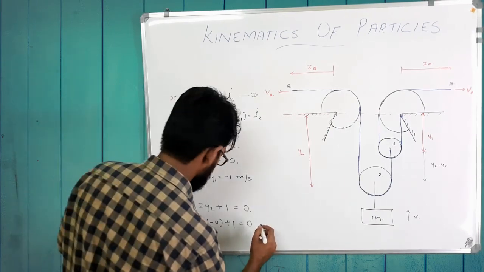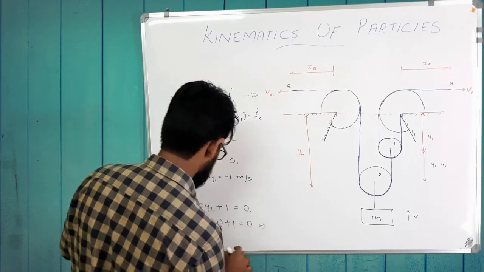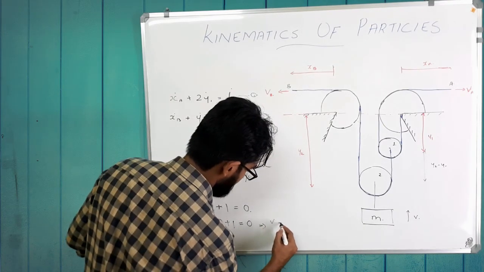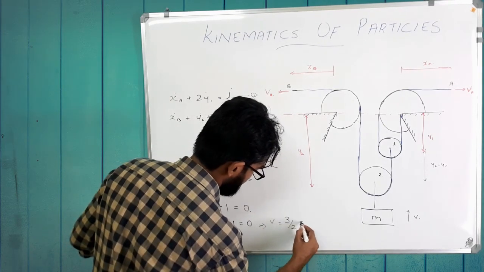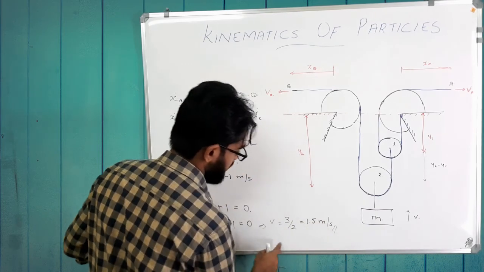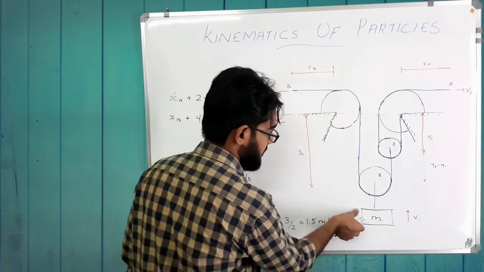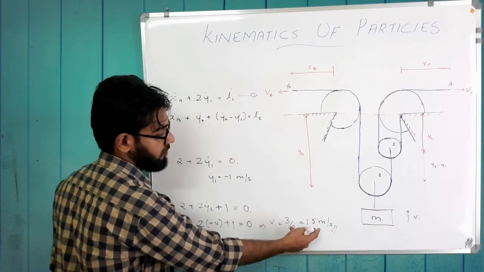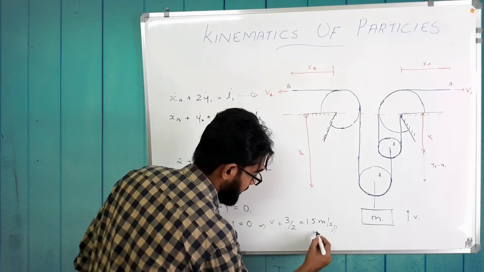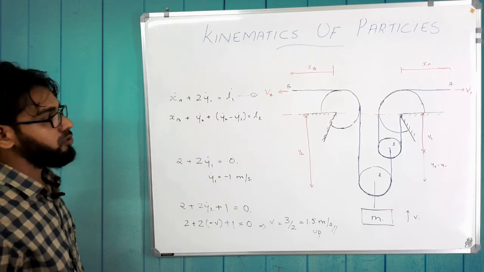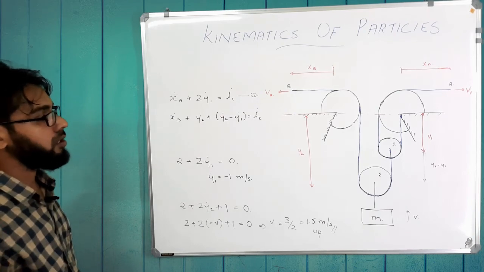Now if you solve this, you will get v equals 3 by 2, which is equal to 1.5 meters per second. So this mass m will rise with a velocity of 1.5 meters per second in the upward direction. So this is how you solve the problem.